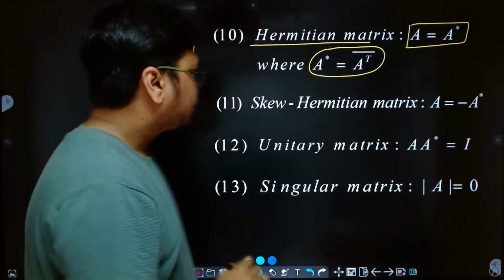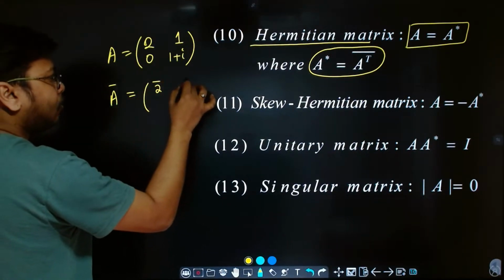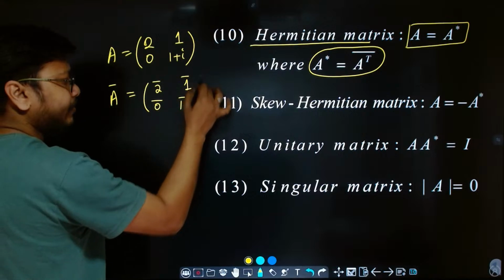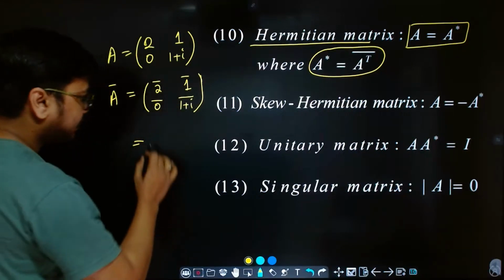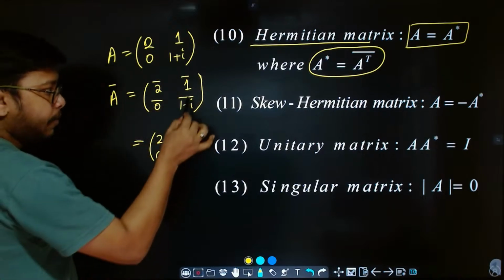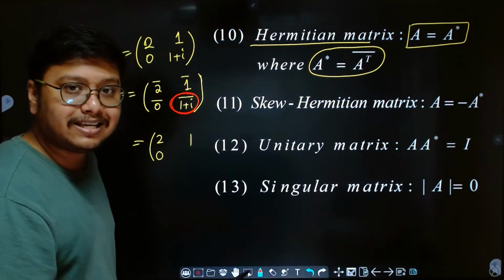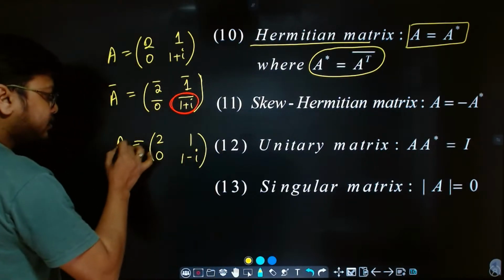What will be A bar? A bar will be the conjugate of each element. The conjugate of a real number is the real number itself, so 2 remains 2, 1 remains 1, 0 remains 0. But the conjugate of a plus ib is a minus ib, so 1 plus i becomes 1 minus i.